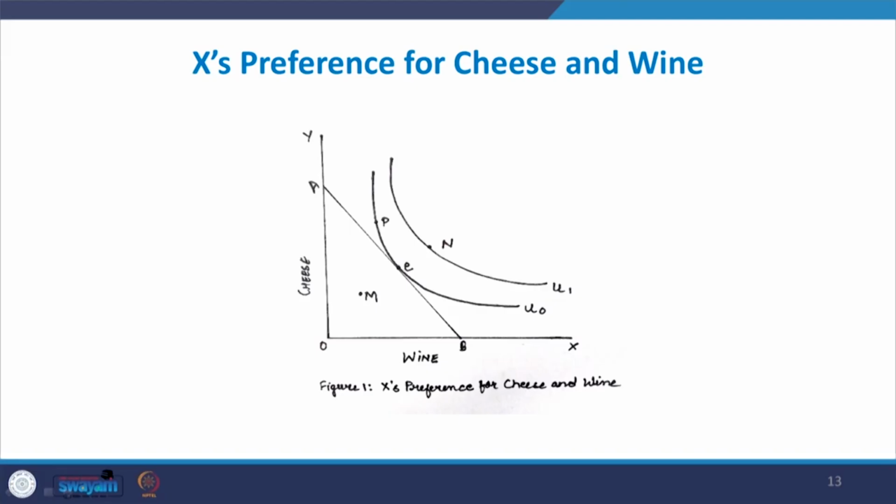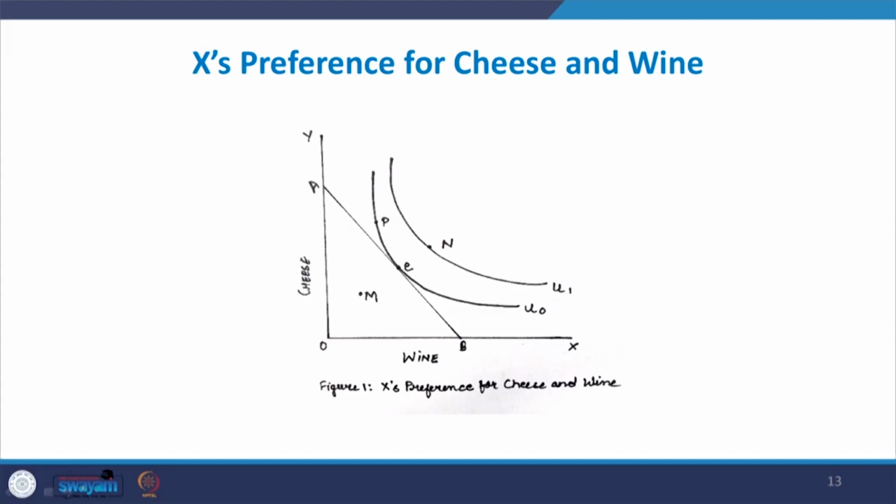Any point on AB is feasible, but out of the feasible solutions there would be only one optimum solution, and the optimum solution will be at the point where the MRS, marginal rate of substitution between the two products cheese and wine, that is the slope of the indifference curve, is equal to the slope of the budget line AB. So E is the optimum point.